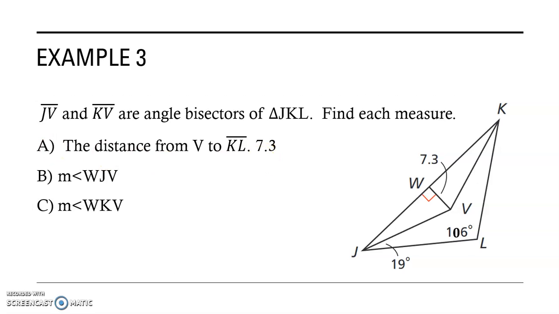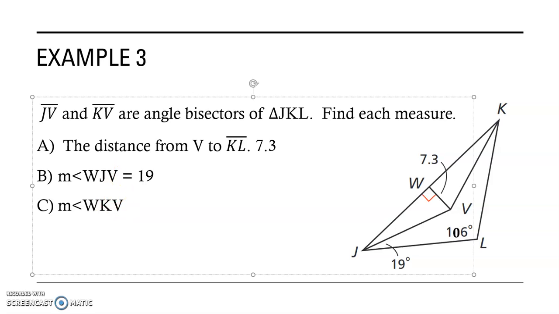Next, they wanted me to find the measure of angle WJV. WJV is this angle right here. Now, they've already told me that JV is an angle bisector, meaning that if this is 19 right here, then this side has to also be 19 degrees.